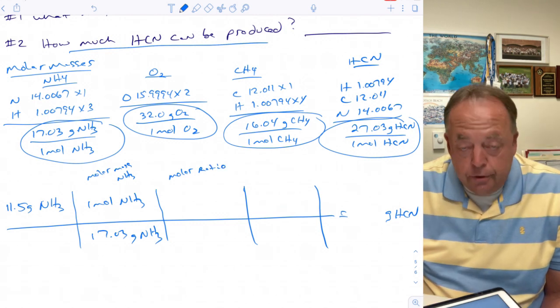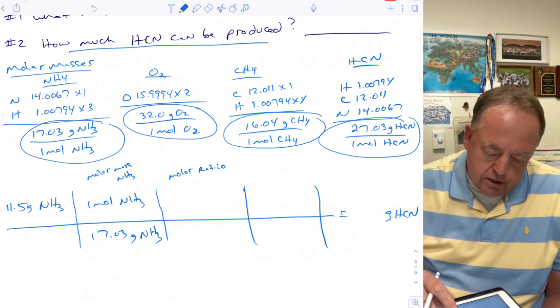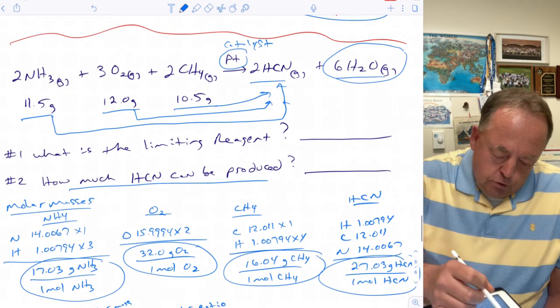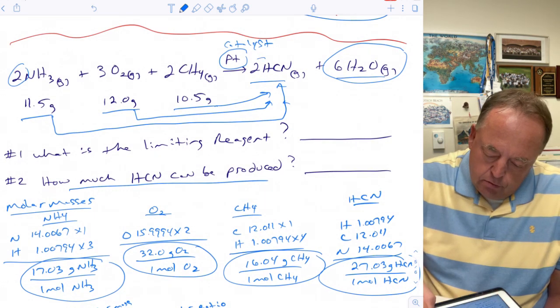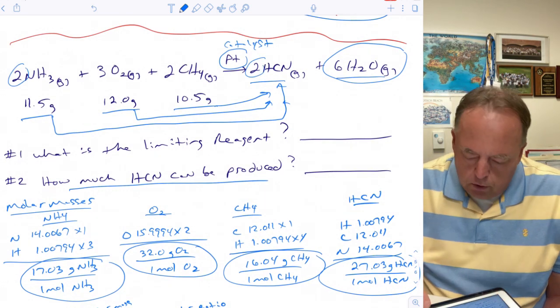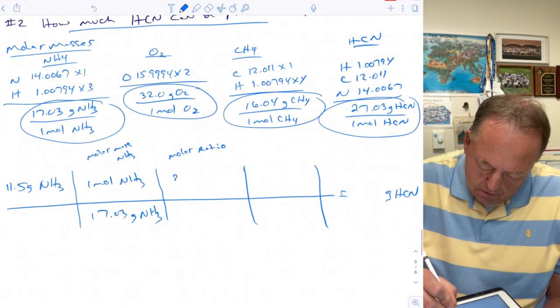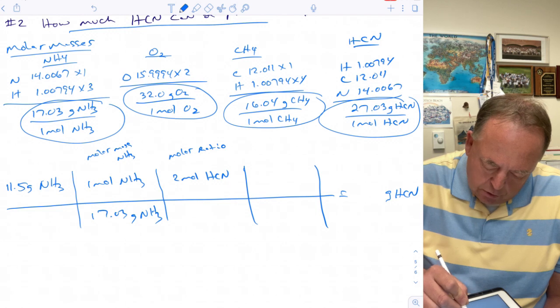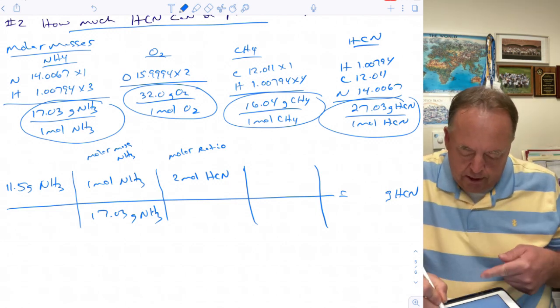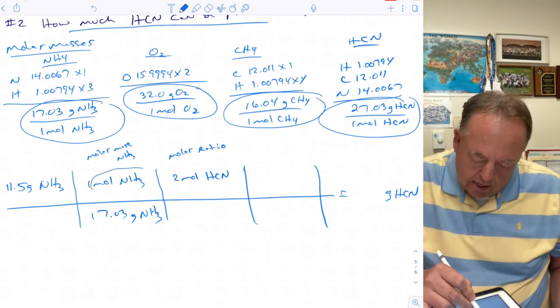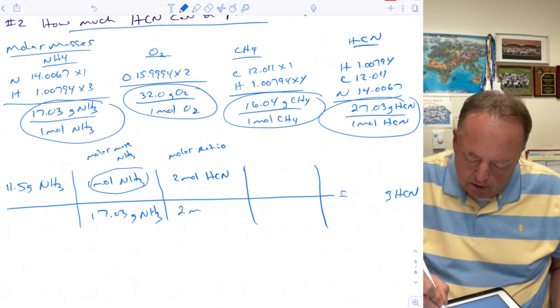We use the molar ratio from the equation. 2 moles of ammonia makes 2 moles of HCN, so it's a 1-to-1 ratio. Since moles of ammonia is on the top, we need to put it on the bottom here.